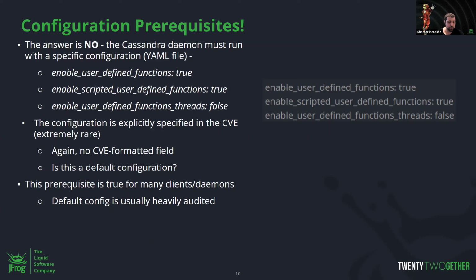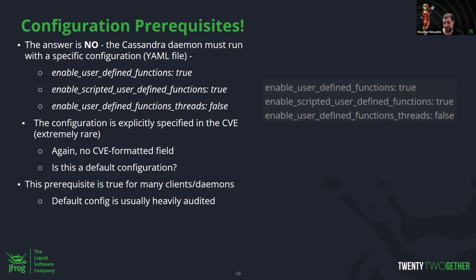Because usually, when you're running a daemon, the default configuration is very highly audited, especially if it's a maintained daemon, which is older, it's already been audited a few times, it's open source. The default config is always more heavily audited than some niche configuration.